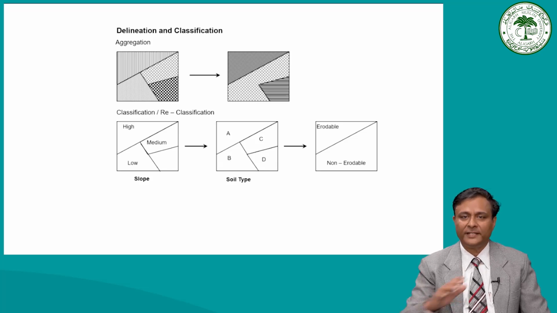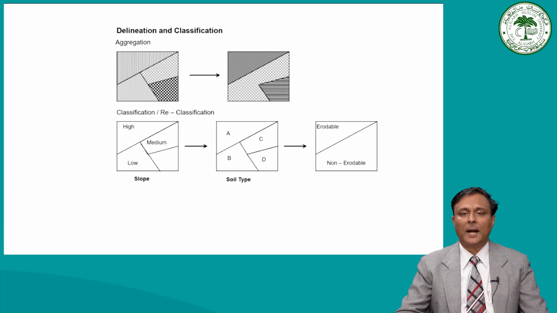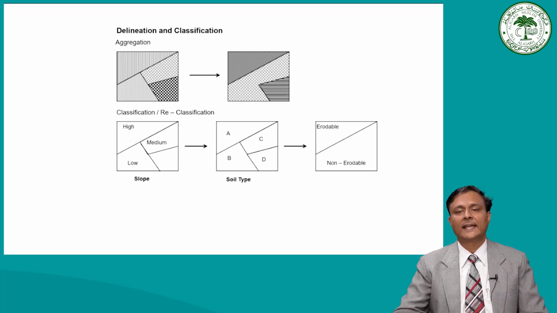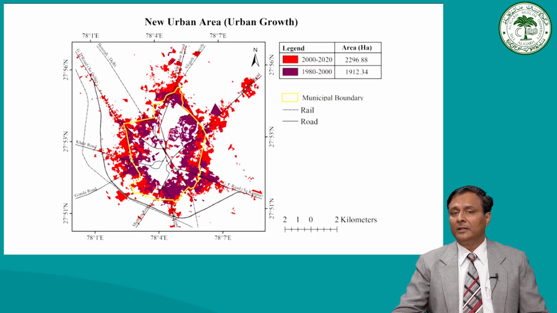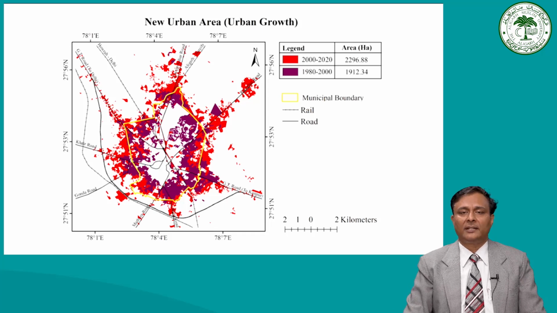So that is what we discussed in theory. Now, how can it be applied practically when we are conducting analysis and examination using spatial information? So you see, the same information which I shared with you earlier about the land use.